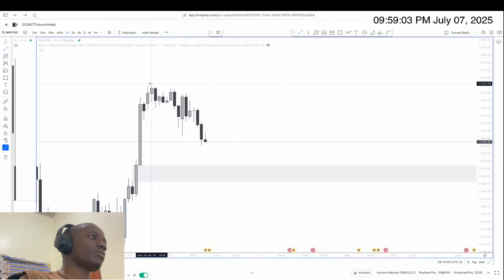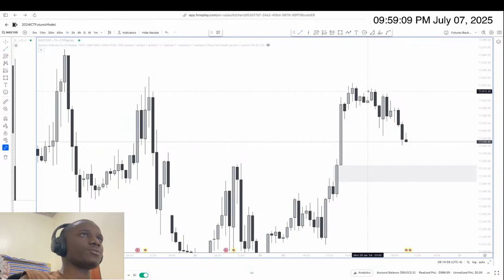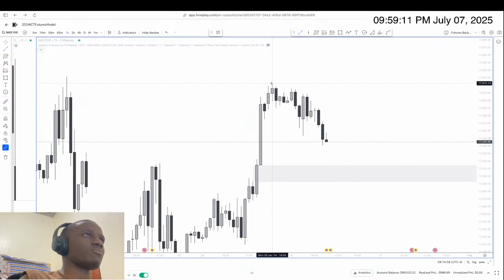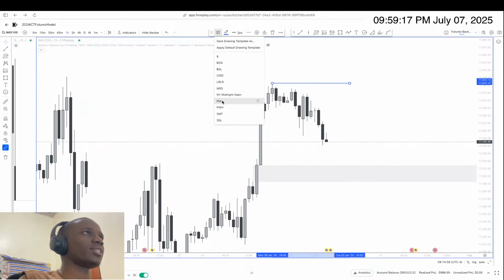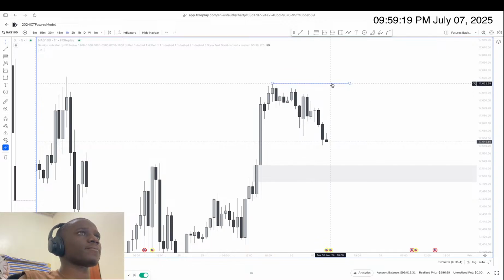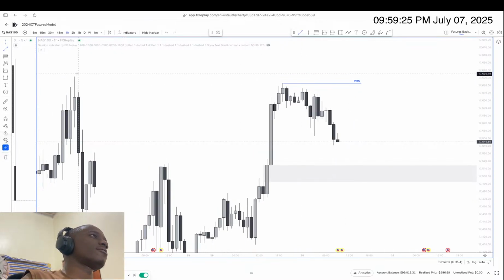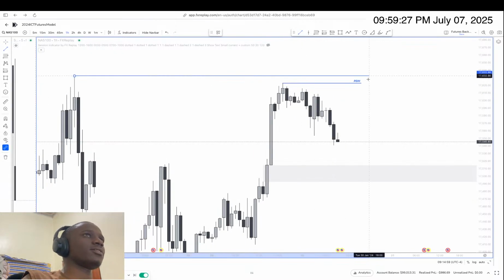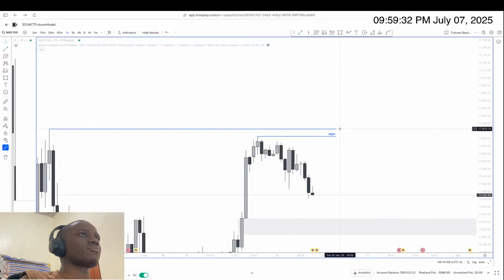But while we're waiting, we can see that we have previous day highs here. I think this was from Monday. Yeah, we're on Tuesday, so we have this nice previous day high. This is a previous day high. I don't have a previous day high template. Alright, the previous day high here, and we have this buy side liquidity as well, aligning really nicely with this previous day high.